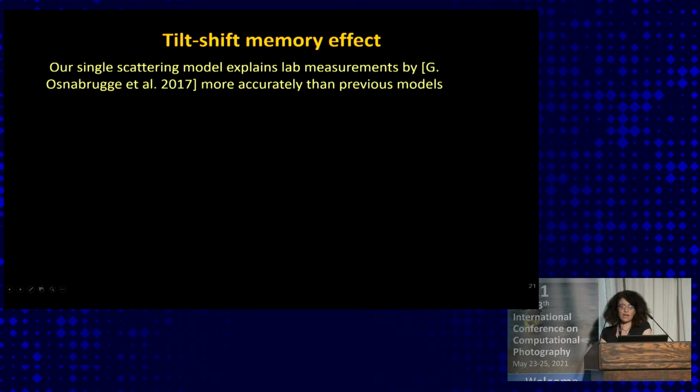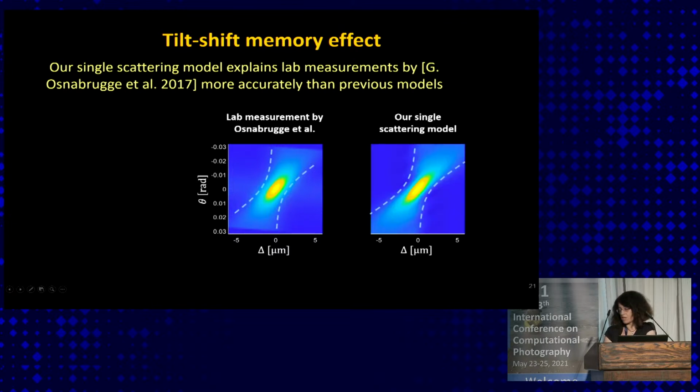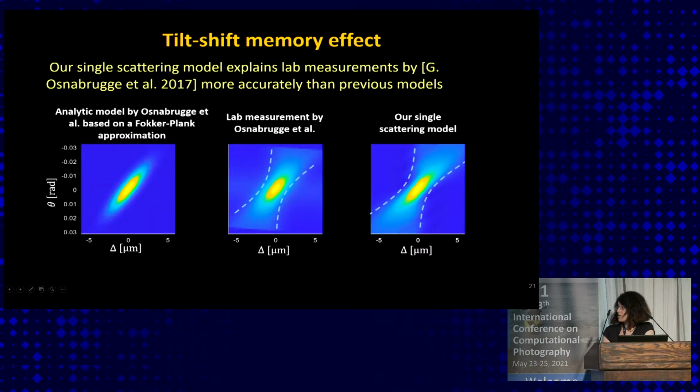Due to lack of time, I won't get into details with this. I will only show you that they conducted lab experiments in this paper and measured covariance, producing this double wedge shape. Our single scattering model can better explain this double wedge shape than the analytical model that they present in their paper to explain the lab measurements.